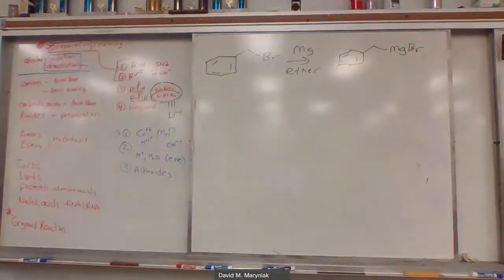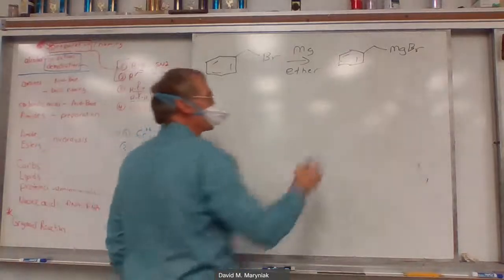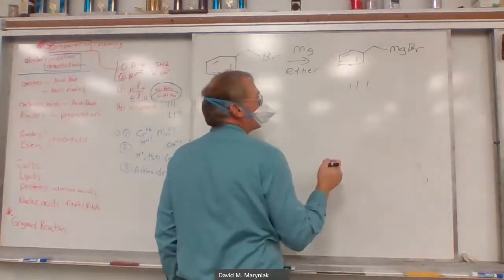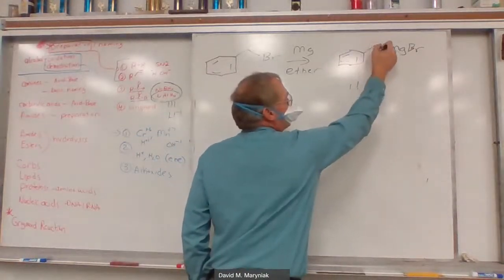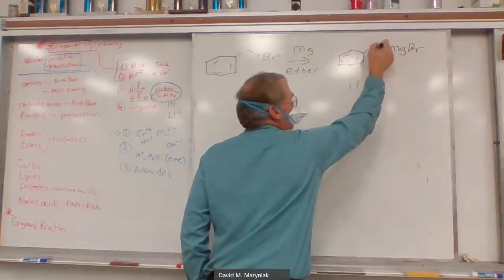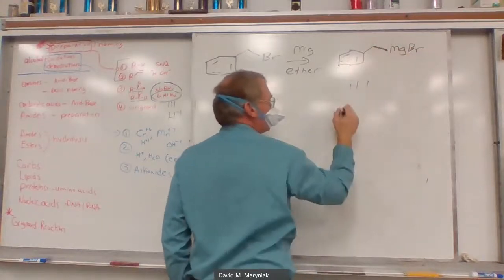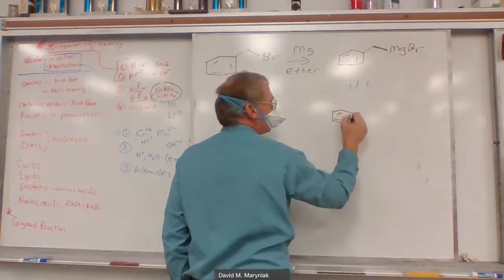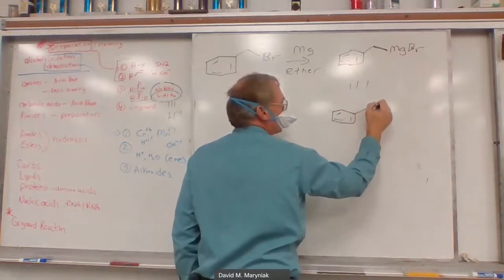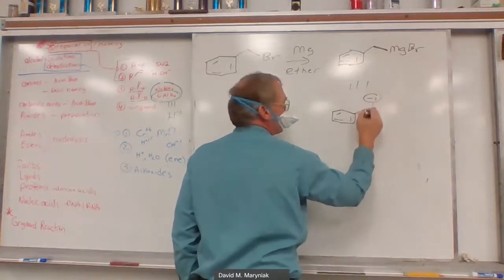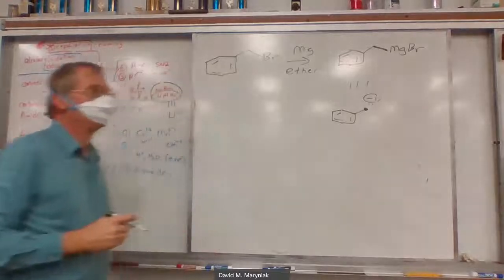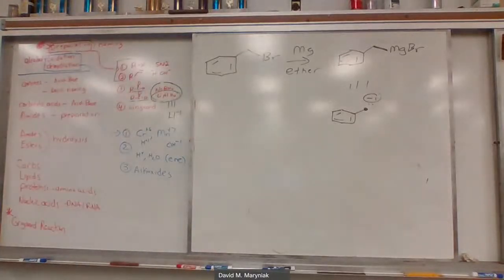What's a good way to think about it? A good way to think about it is these electrons are now more centered on the MgBr or the carbon. On the carbon. So is the Grignard a carbanion-like thing?